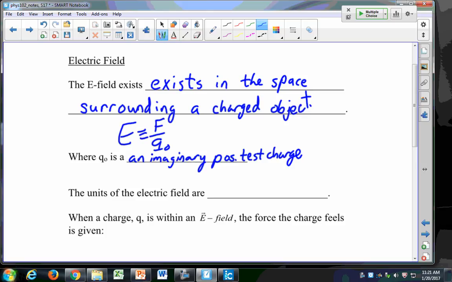The units of the electric field are newtons per coulomb. Later we'll see, or you might see elsewhere, I'm just going to write it here as an aside, the units are also volts per meter. We'll see that again a little bit later, not much, but if you see this on the MCAT or whatever, you might see electric field in units of volts per meter instead of newtons per coulomb.